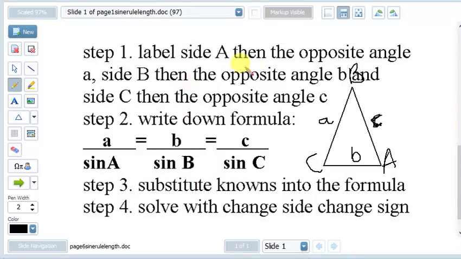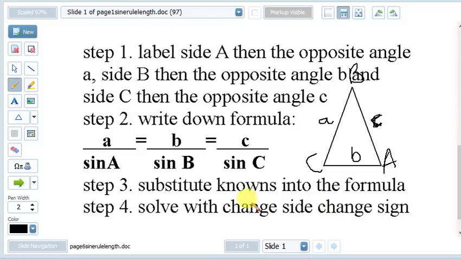Okay, so we label the triangle just like that, and then we write down the sine rule formula, which is a over sine A equals b over sine B equals c over sine C. Then we substitute our knowns from the triangle into the formula, and then we solve with change side, change sign.